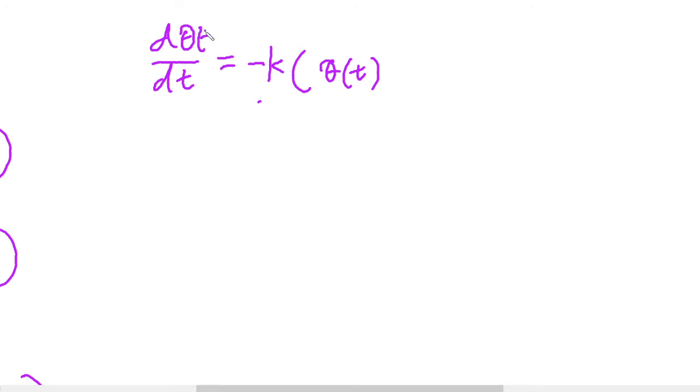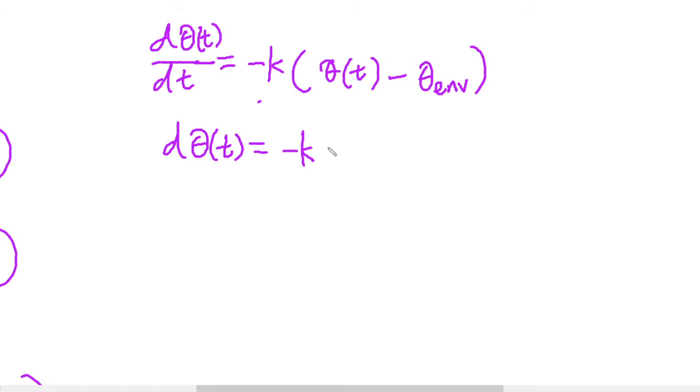So d is more like d theta t over dt. So equal to minus k times (theta t minus the temperature of the environment), which is a constant. And we multiply both sides by dt, the infinitesimal change in time. We get d theta t is equal to minus k times (theta t minus theta environment) with respect to time.